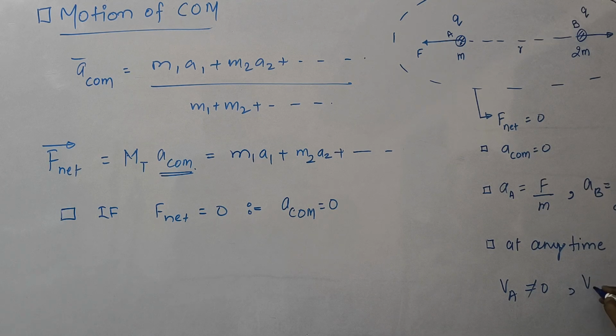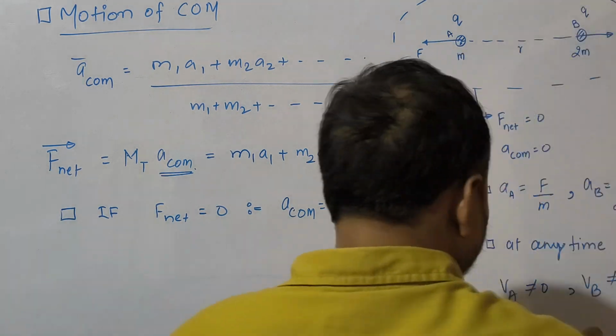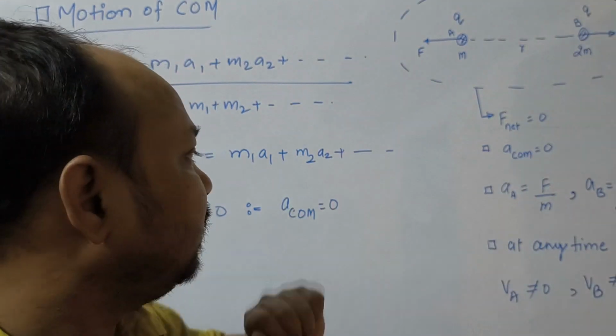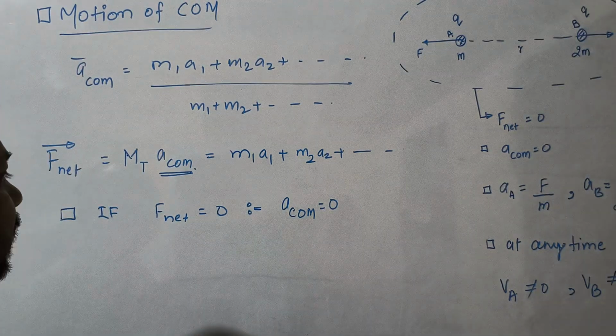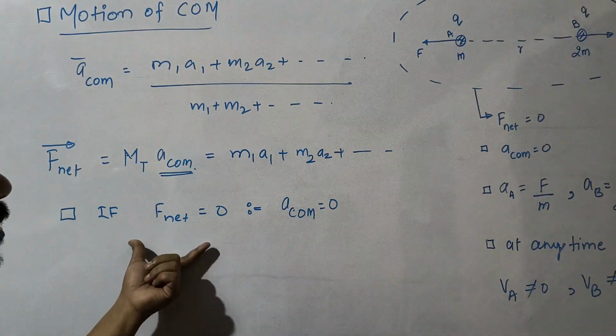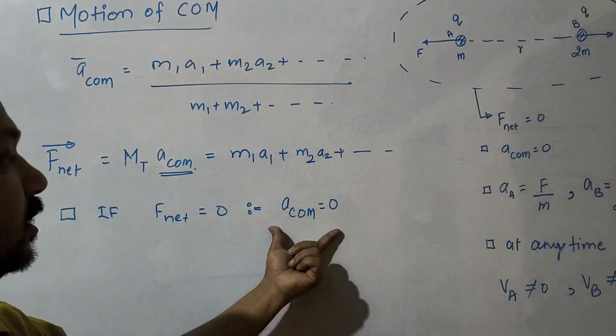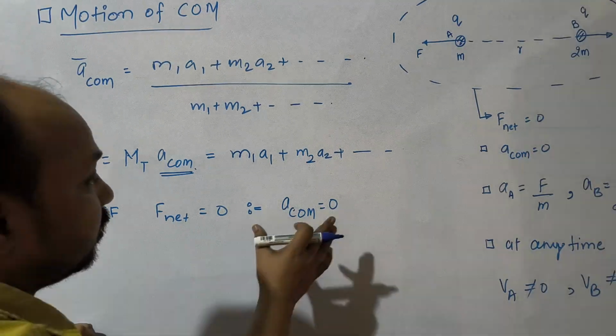So Va and Vb are not constant and they are non-zero values. Acceleration is also a non-zero value. So from this illustration, what I can conclude is that if the net force on the system is 0, the acceleration of the center of mass will be 0.